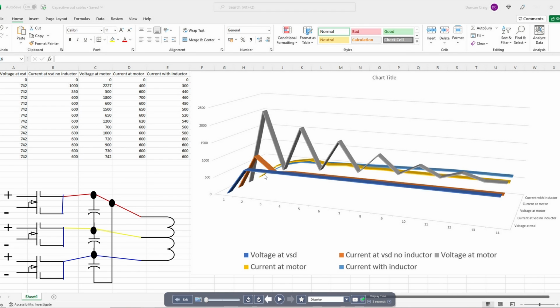So what you're ideally wanting is that nice gradual curve of the current on the IGBT as it switches. Now the recommendation is at 100 meters you need inductance.